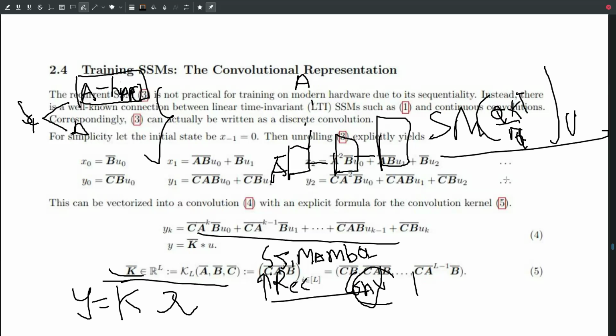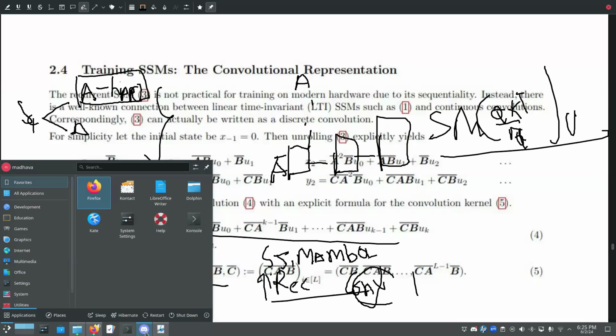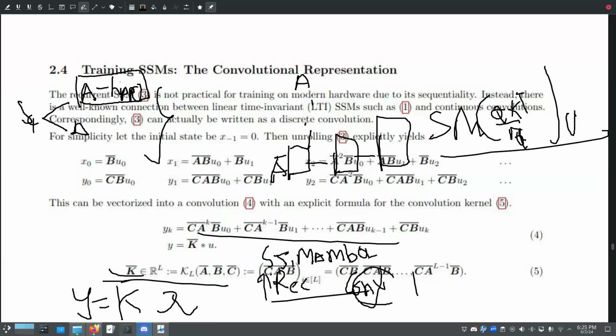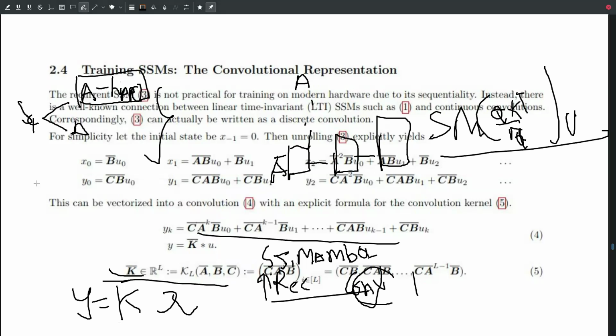Even though transformers can capture whatever attention we get, it's really only up to a shorter form of context.